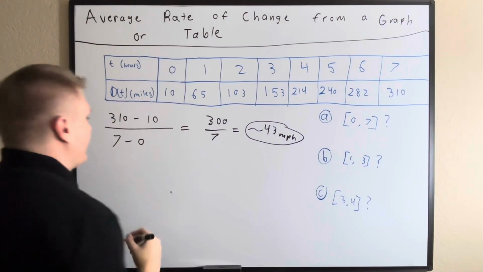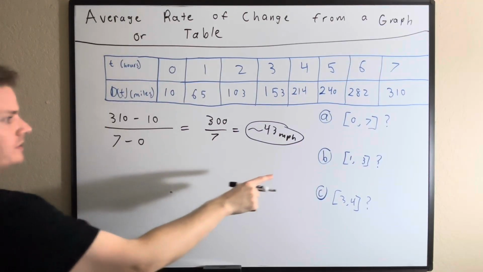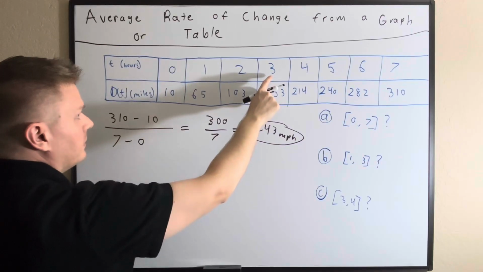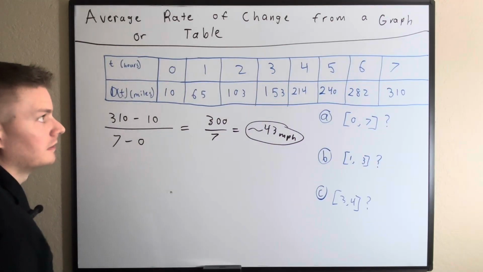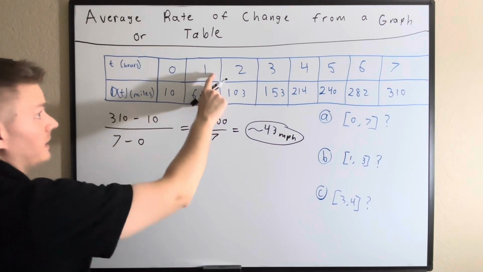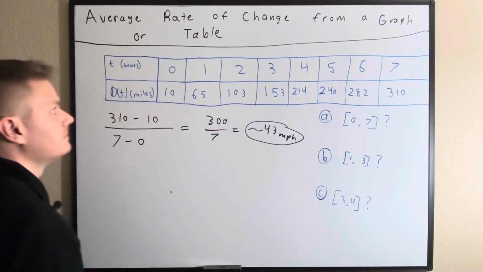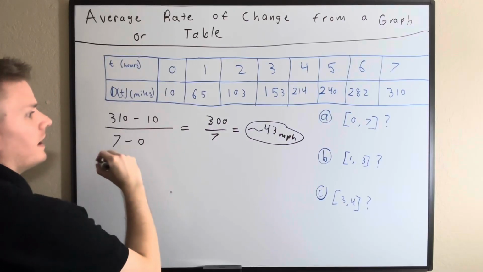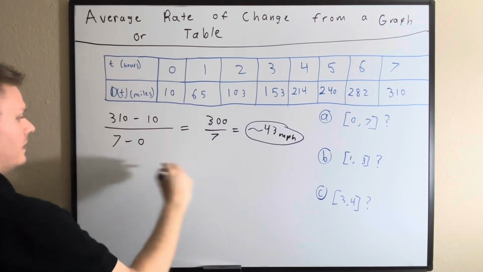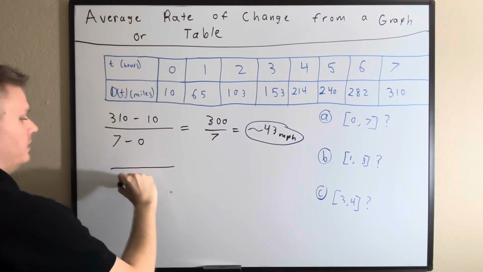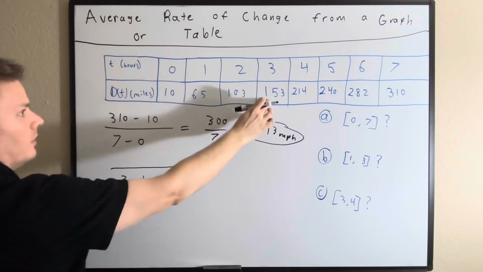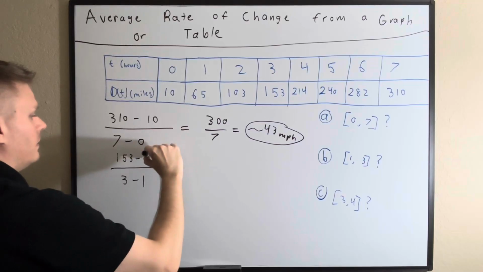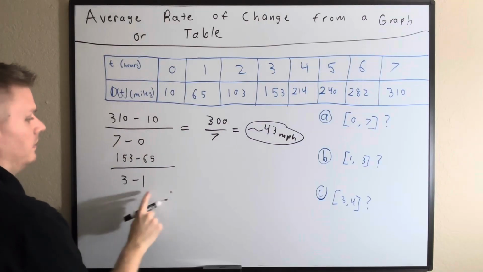Okay. What about part B? We just want the average rate of speed from the first hour to the 3rd hour, from the end of the 1st hour to the end of the 3rd hour, if that makes more sense to you. 3 minus 1, right? 153 minus 65. Right?